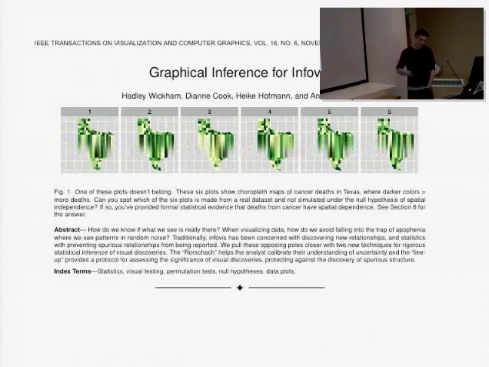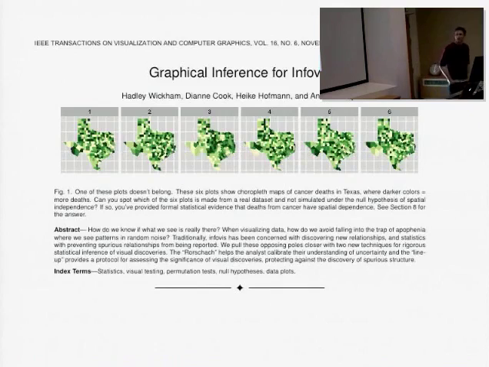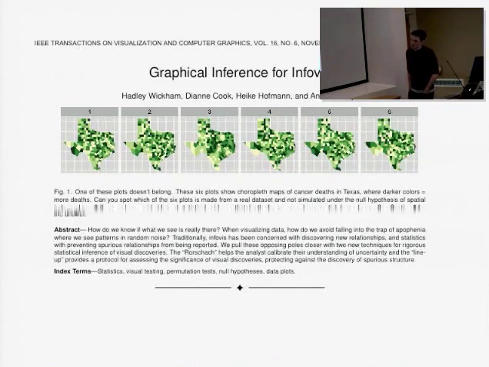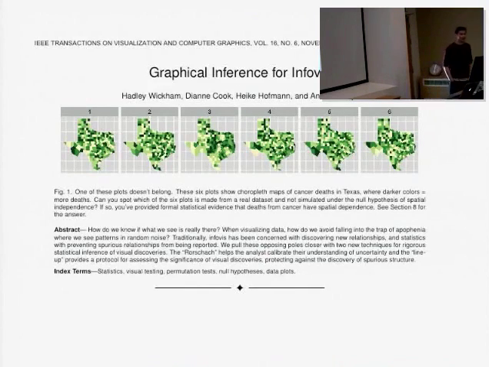So this paper came out a few years ago, Graphical Inference for InfoVis, and it tried to address that problem. It started off by saying that visualizations are really good because they help us see structure in data sets that would be very difficult to see otherwise, but also that in introducing this structure, it sometimes introduces features that get in our way.